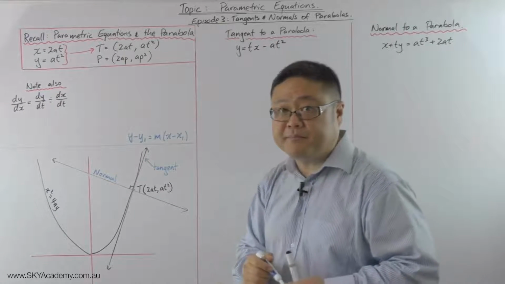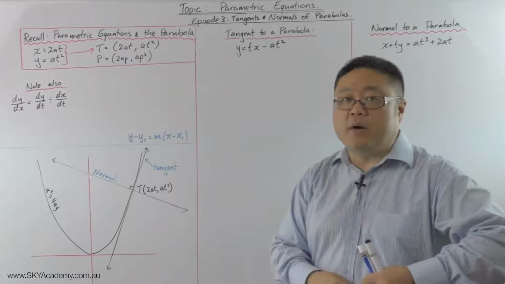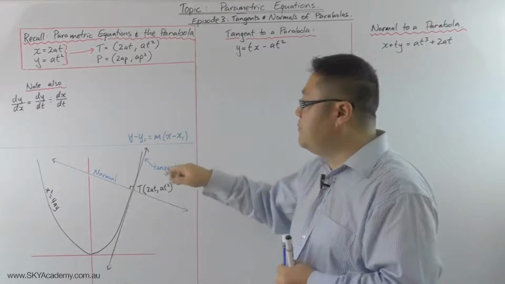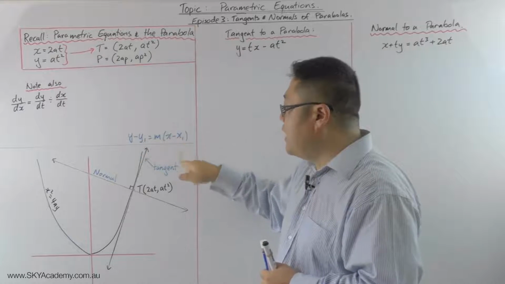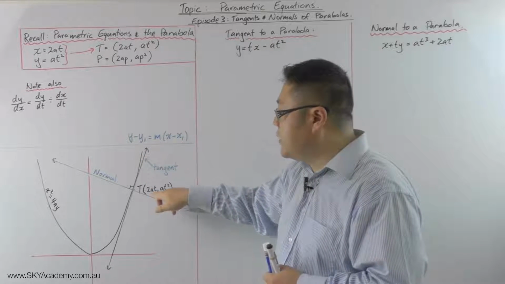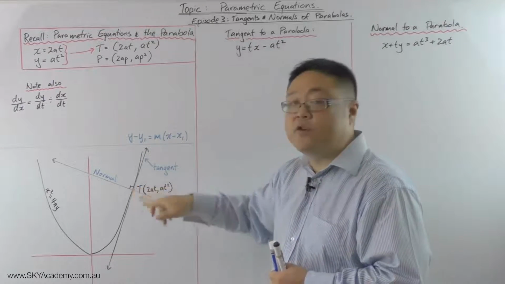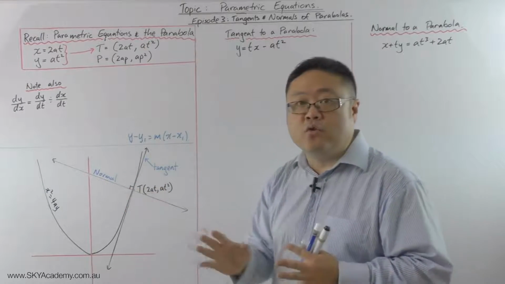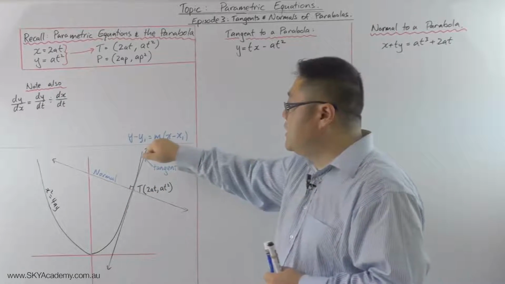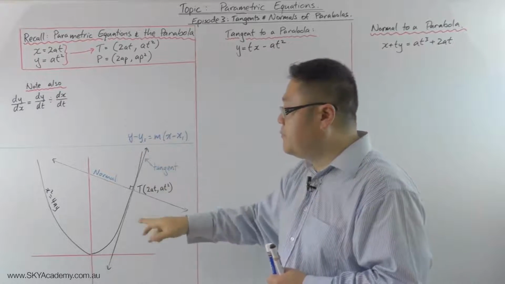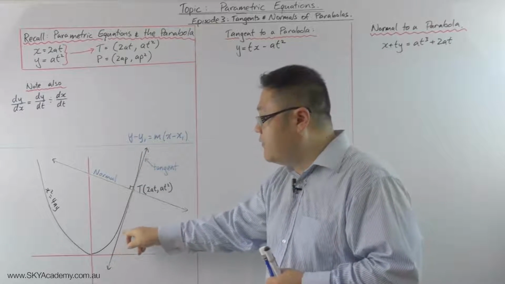That's the equation of a straight line. Now, x1 and y1 are going to be 2at and at squared, because that's the point of contact that the tangent and the normal make.